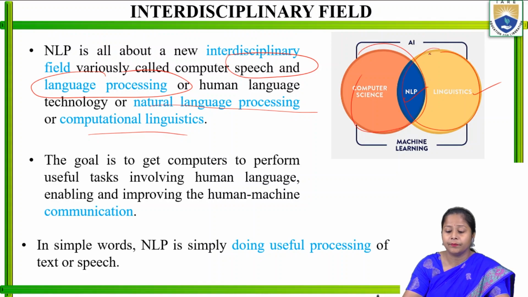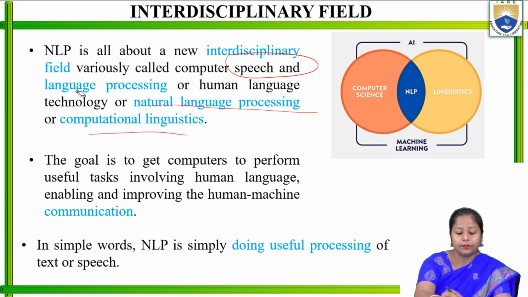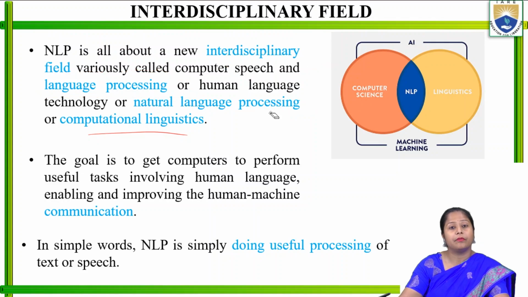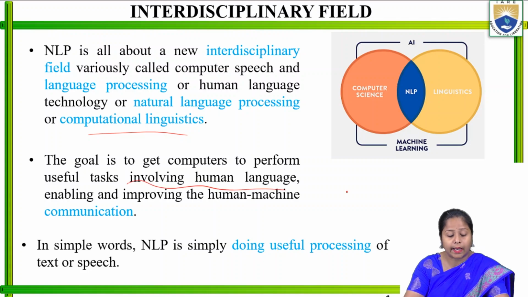You can see here, whatever we got from the foundation of computer science together with linguistic science will be used with machine learning models, and then we get the different objectives of NLP. The goal is to get computers to perform useful tasks involving human language, enabling and improving human-machine translation and communication.